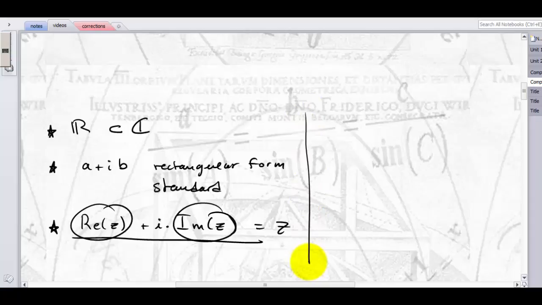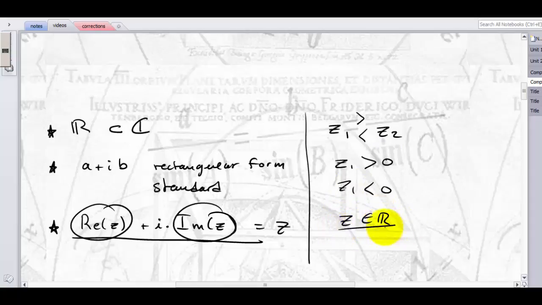Then two important remarks. One is, if you are given two complex numbers, you cannot compare them. That means you cannot say if z1 is above z2 or z2 above z1. Or another way of saying that, if you are given a complex number, you cannot decide if it's positive or negative, except if the complex number happens to be real.